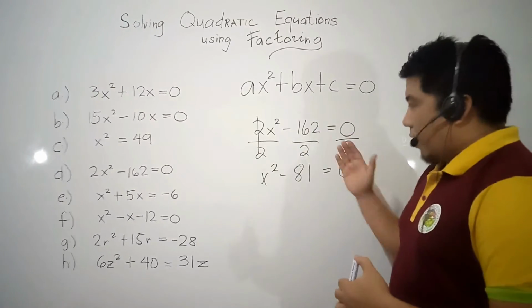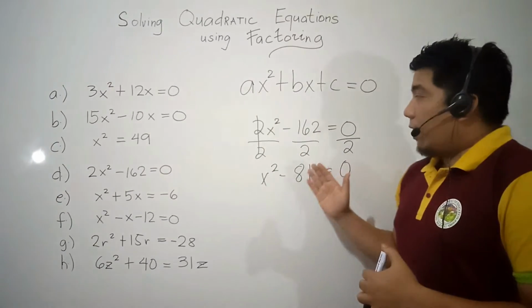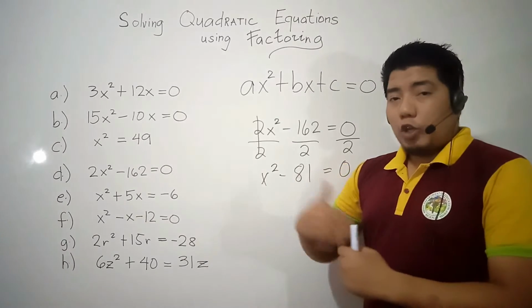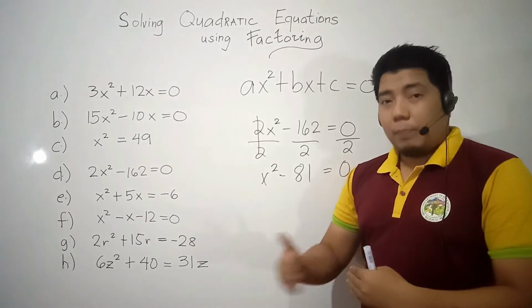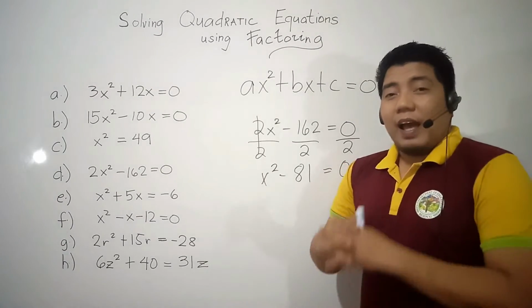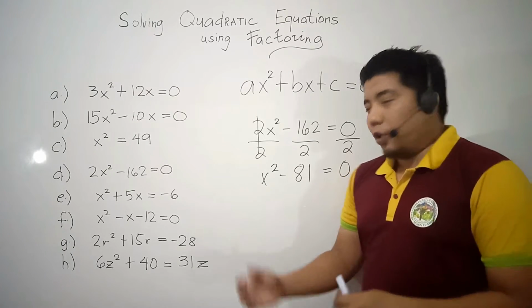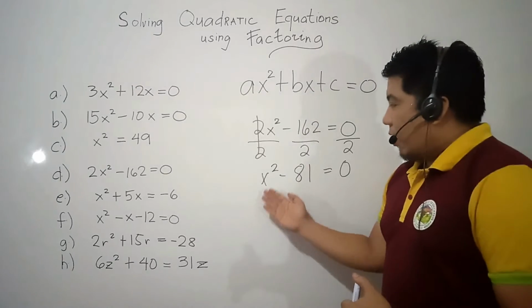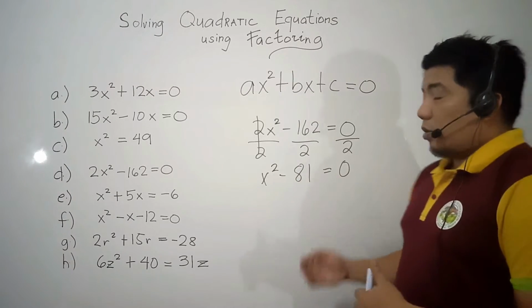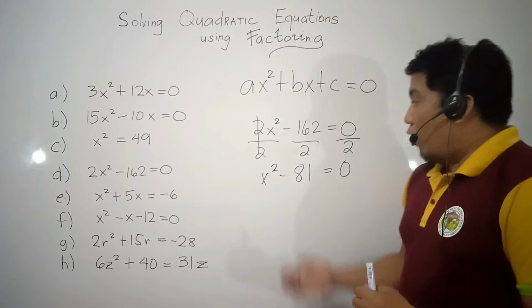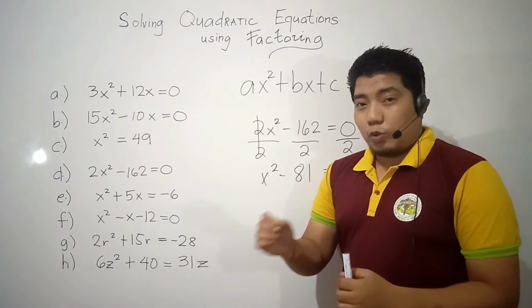Now, why did I do this? Technically, if you can still simplify your equation, it's better to simplify in order for you to have very easy access in solving your quadratic equation. Now, as you can see here, x squared minus 81 is equal to 0 is already an example of our difference of two squares.